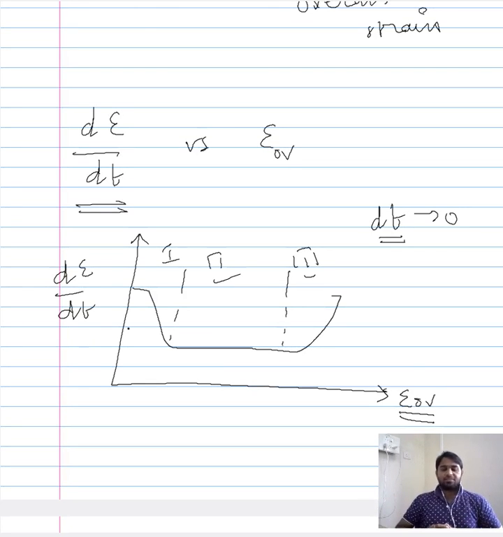So the bottom line is, when you replace time with the overall creep or the overall strain, just by looking into the behavior of the material, you will be able to plot the creep behavior in a different manner. Similar to the creep curve, you have your 3 stages here.